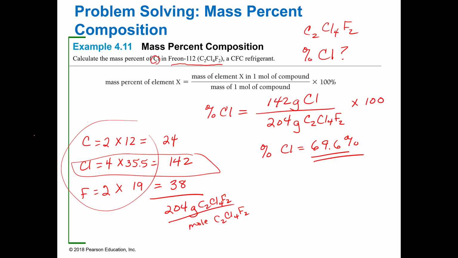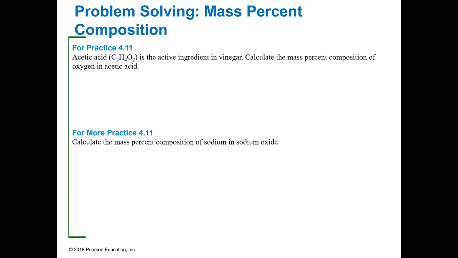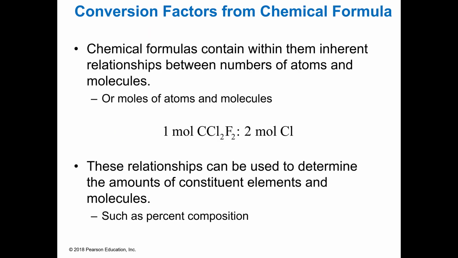And that makes sense because 142 is the biggest number in there. And of course I gave you some to practice on, so you can calculate the mass percent of those. And then the last one, for more practice, you're going to have to figure out the formula of sodium oxide, which you're very capable of doing, and then the percent of sodium in that.